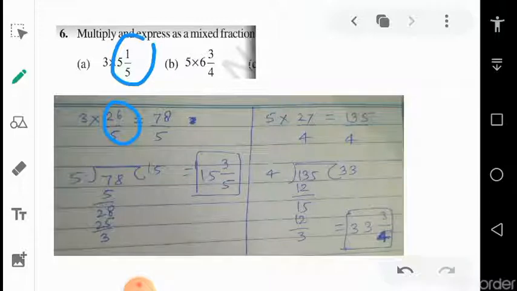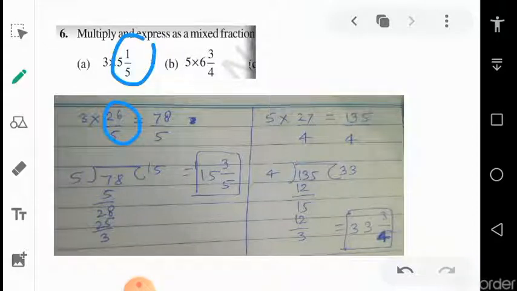Now it's simple, just multiply 3 with 26 to get 78 upon 5. Now just do the division and finally write your answer in the form of a mixed fraction, because a mixed fraction is the combination of a whole number and a proper fraction.